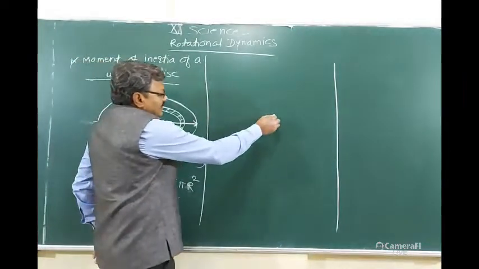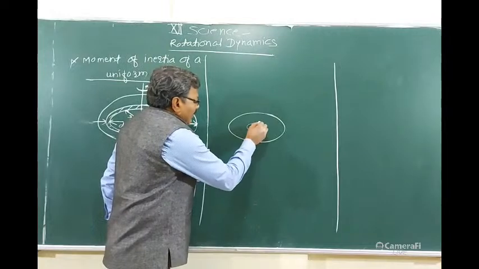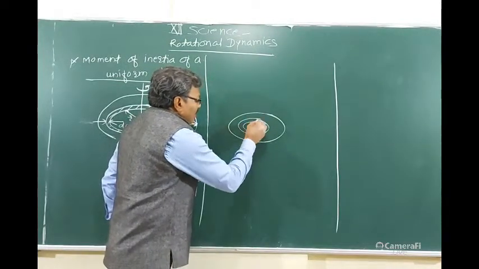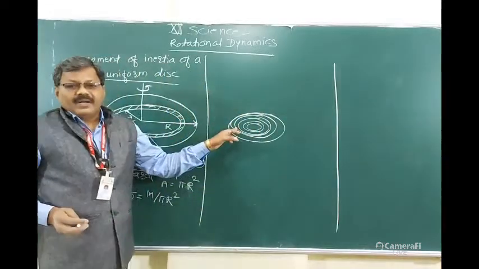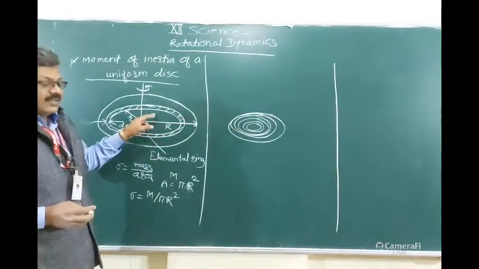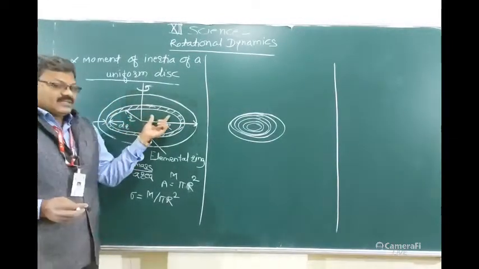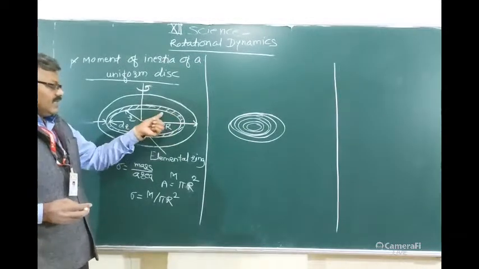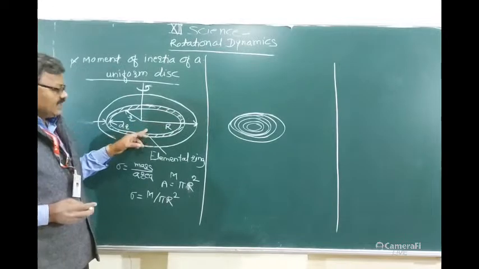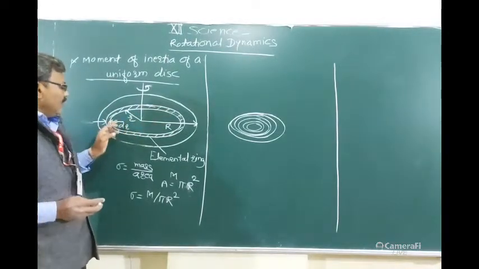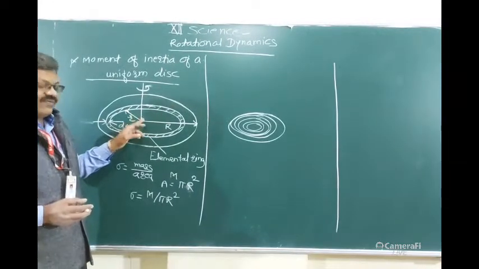Suppose this is the disk; we can divide this disk into a number of rings. One such ring is shown by the shaded region in this figure. This ring is considered a small element of this uniform disk.